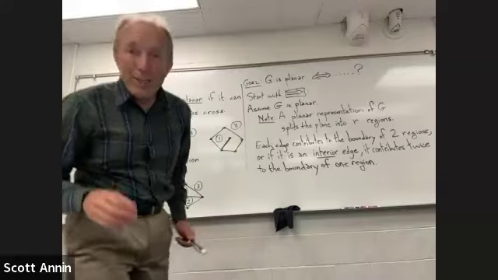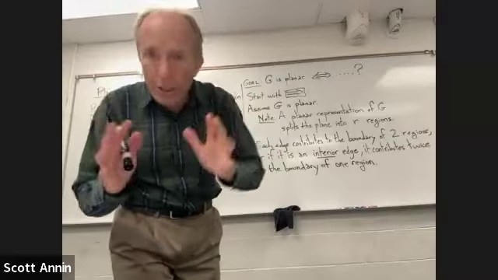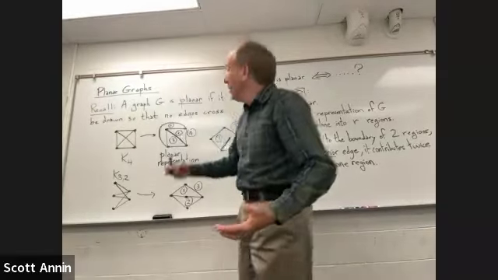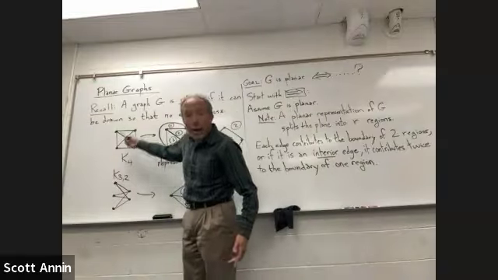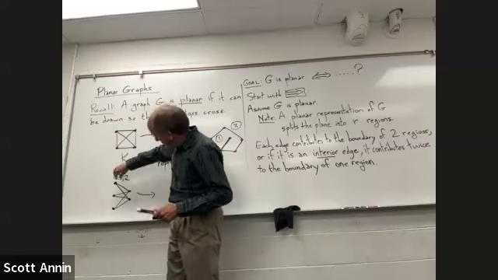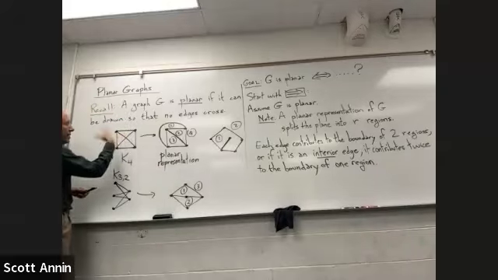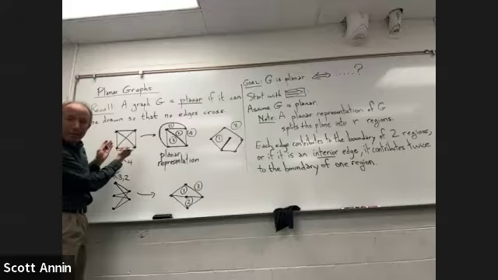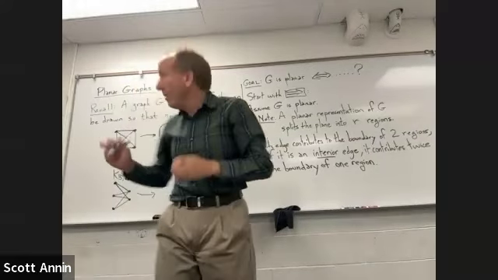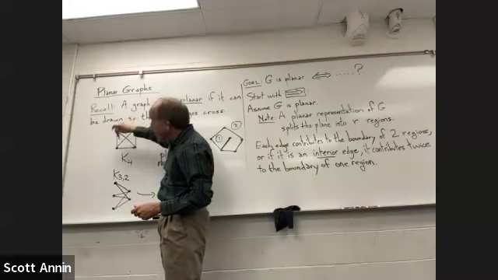Now, guys, just before we get too far into this, I want to be really clear that we only talk about these regions and boundaries of these regions for a planar representation. If I come back over here to one of these graphs, I don't want people to be thinking of these little crossing places as being boundaries of regions. Like this thing here doesn't really have well-defined regions. The regions are determined really by the vertices of the graph. There is no vertex here in the center of this square, so there's no regions here.